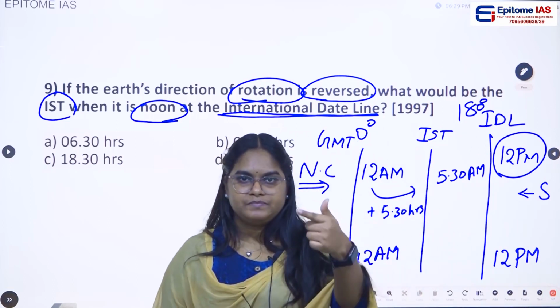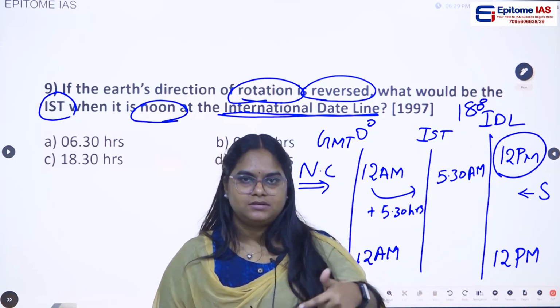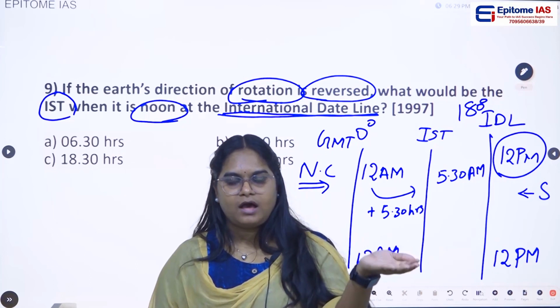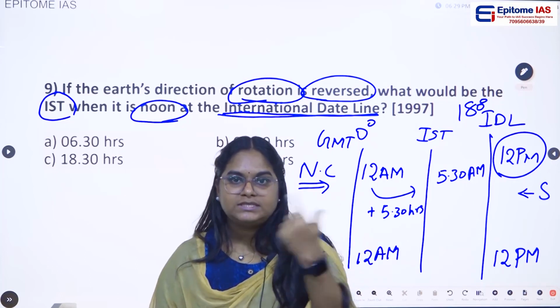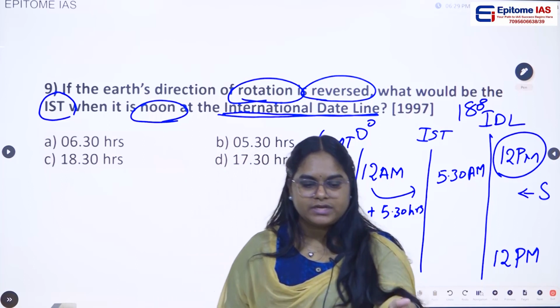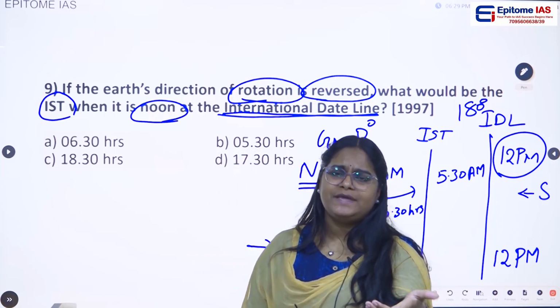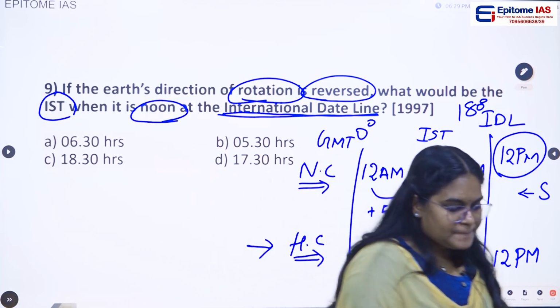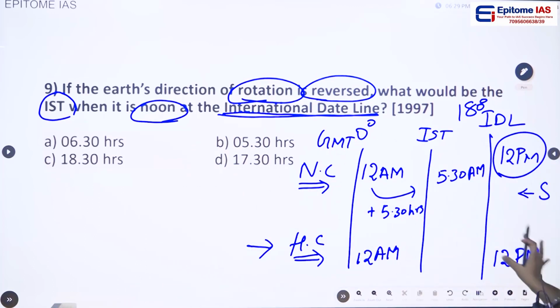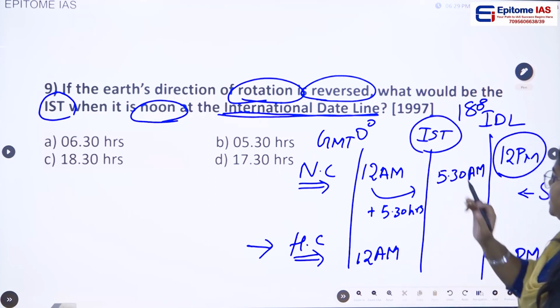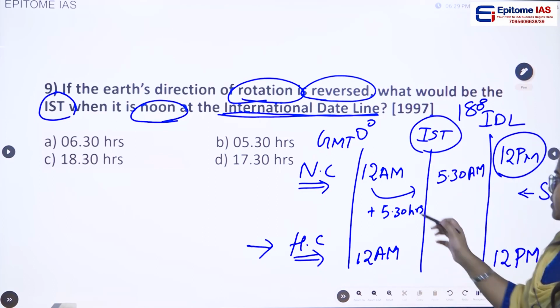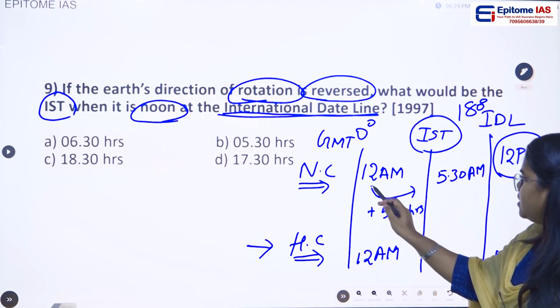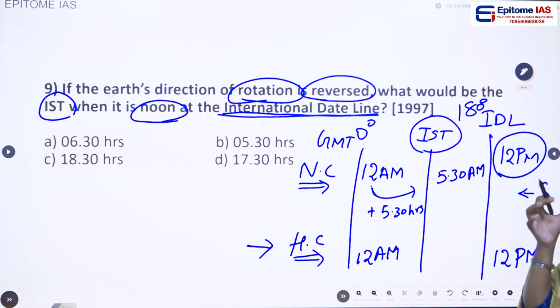No issues. Why? Because this is 0 degree, that is 180 degrees, which means it is equally dividing the Earth, this side half and that side half. So the total is 360 degrees. If the 0 degree is 12 a.m., the 180 degrees is going to be 12 p.m. Simple. No confusion. But what would be the time in the Indian Standard Time? In the normal case, we are ahead by 5 hours 30 minutes.